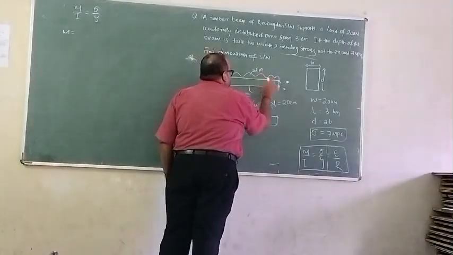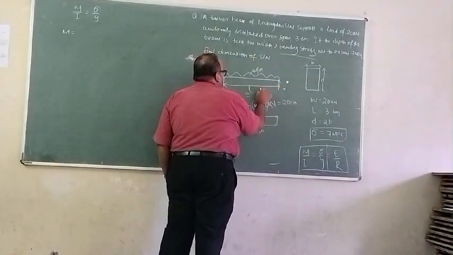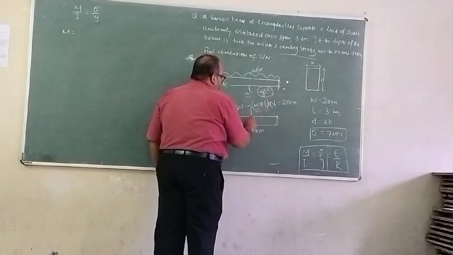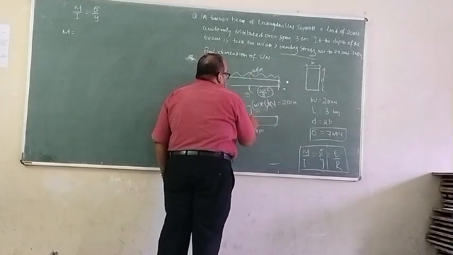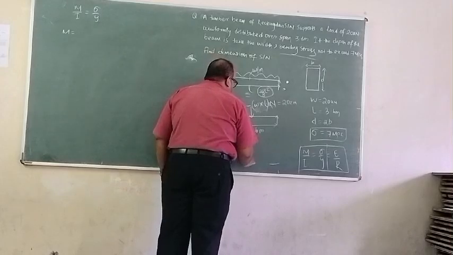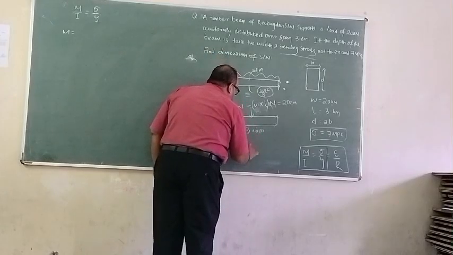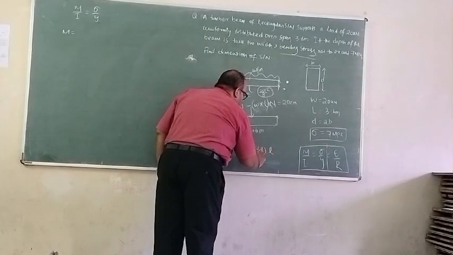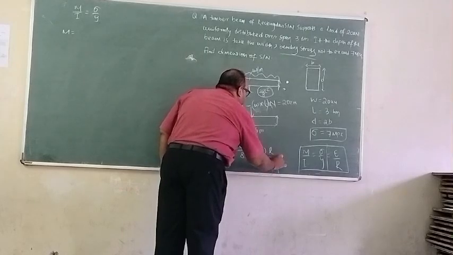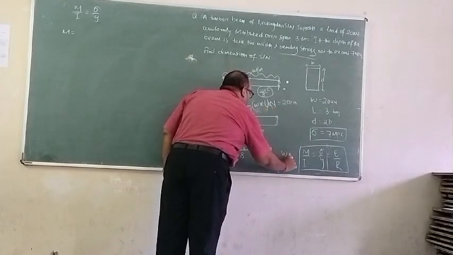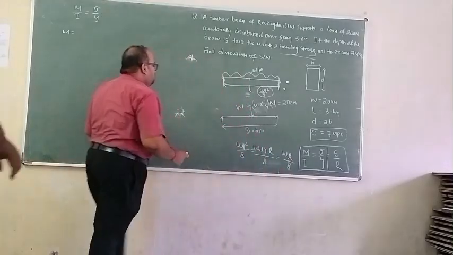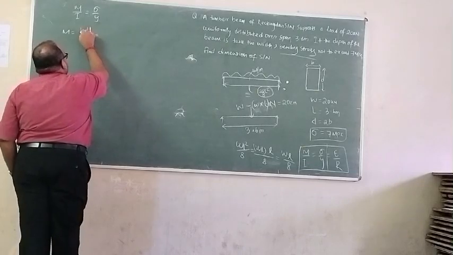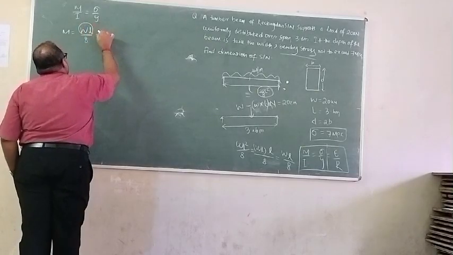See here, this is the diagram. The bending moment value will be WL square divided by 8 at the center, and the equivalent load is W. So we can replace WL square divided by 8 as capital W multiplied by L divided by 8.